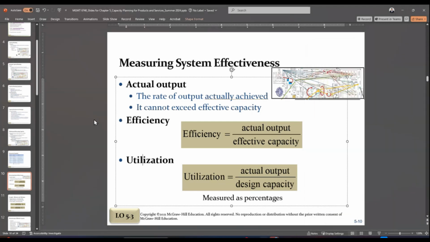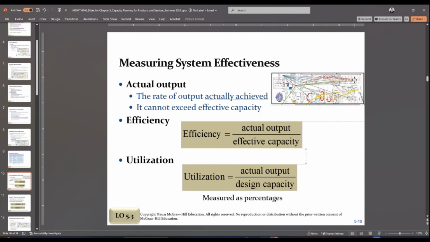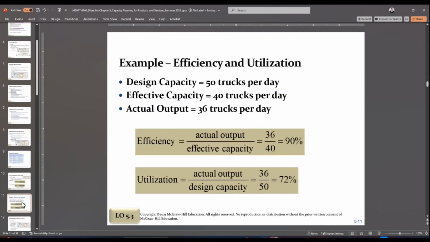So this is how I'll be using the formulas for efficiency and utilization. Each of them is important in its own way. Depending upon what project you are working on, or what measure your team wants to use, either efficiency or utilization, or maybe both, you have to keep an eye on what's happening and how we are doing.